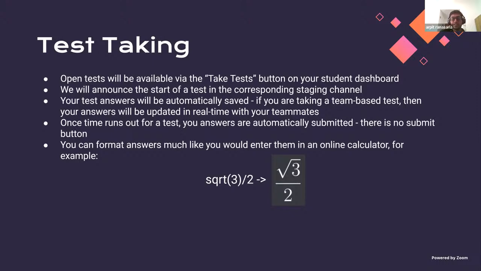Once time runs out for a test, your answers are automatically submitted. There is no submit button per se, so don't go looking for one. You can format answers much like you would enter them in an online calculator. For example, the square root of 3/2 would be rendered as root 3/2.